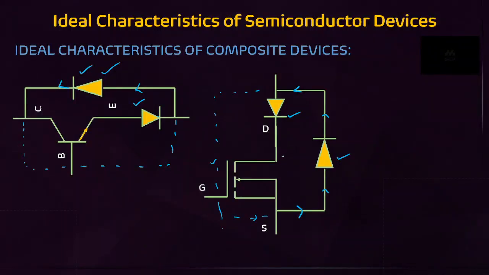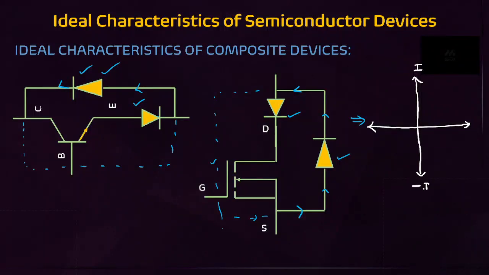One series diode and one anti-parallel diode is equivalent to a transistor with anti-parallel diode. Simply remember one statement: if the path exists for the anti-parallel diode, one series diode and one anti-parallel diode is equivalent to a transistor with anti-parallel diode.